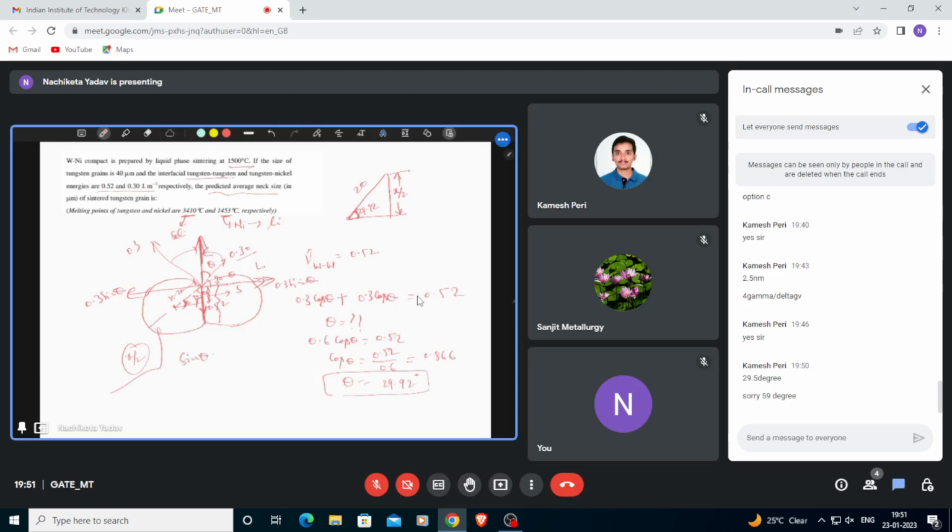Sine theta equals x by 2 divided by 20. Sine 29.92 degree, so x by 2 is about 10, and x will be 19.95 micrometer. This x is the total neck size. Is it okay?